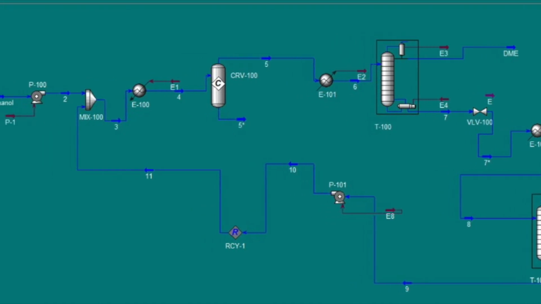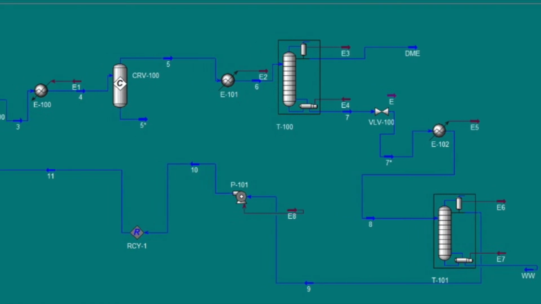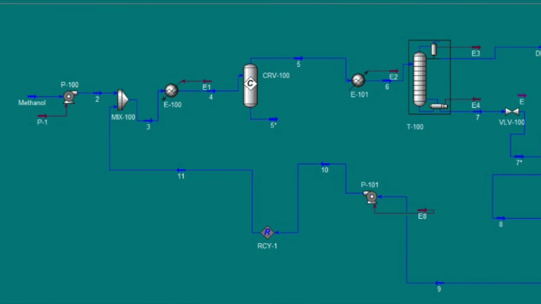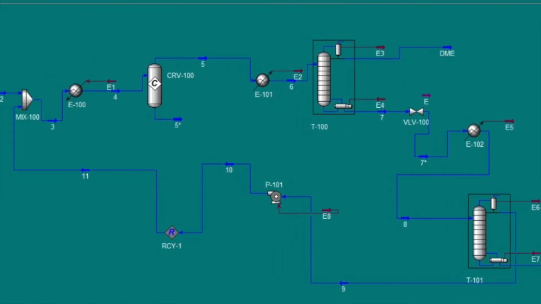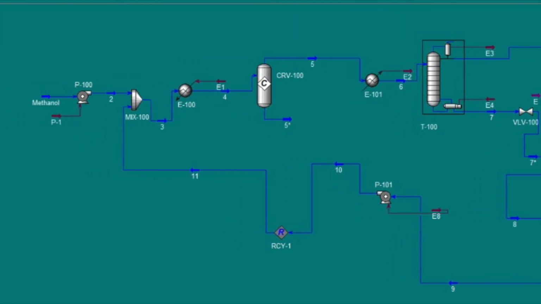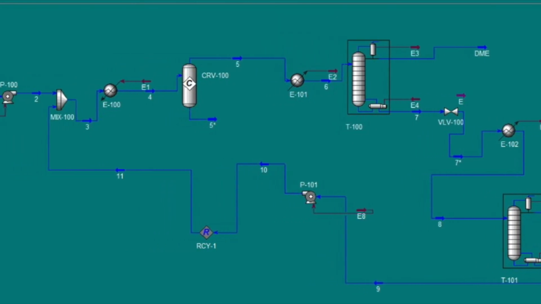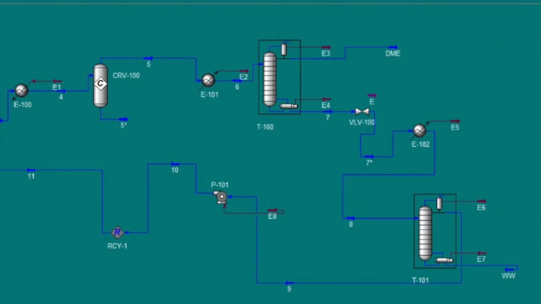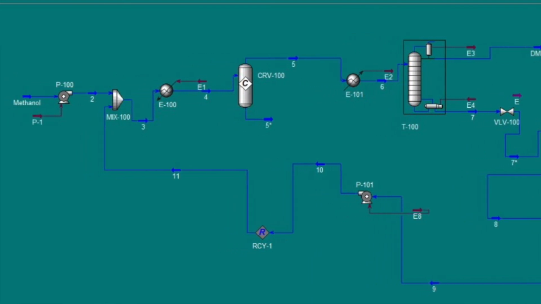The inlet operating conditions are a temperature of 25 Celsius, a pressure of 100 kPa and a flow rate of 262.2 kilomole per hour for methanol, and the reactor outlet conversion reached 80%. The purity of dimethyl ether obtained was 0.995. And thank you for watching our video.